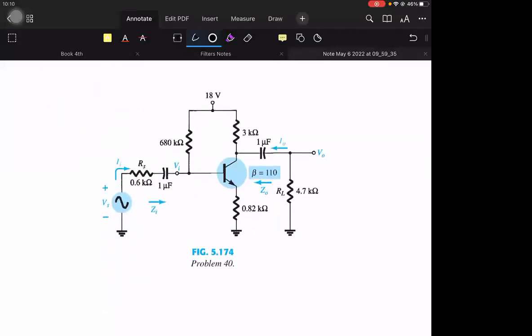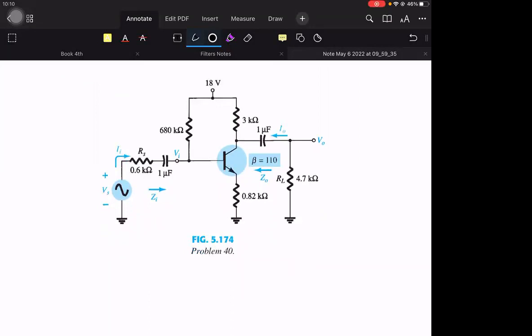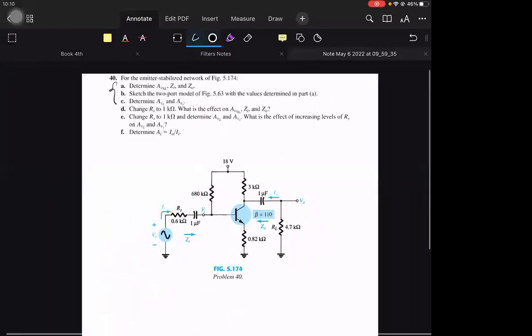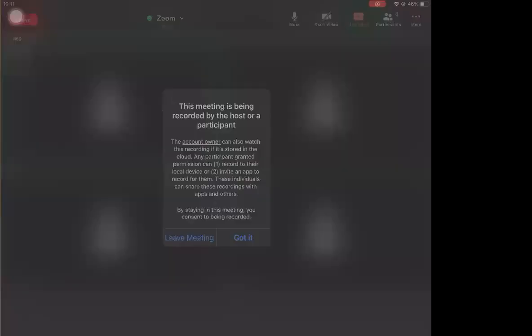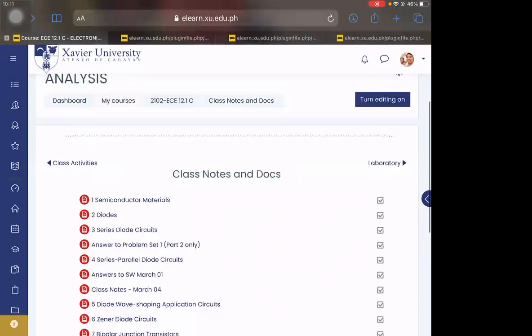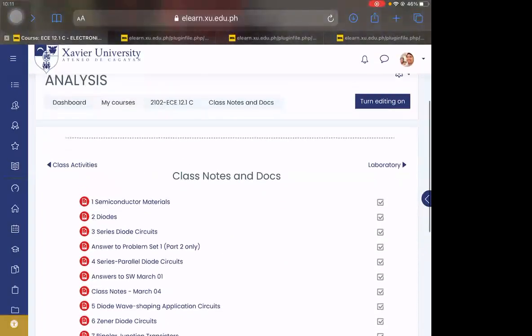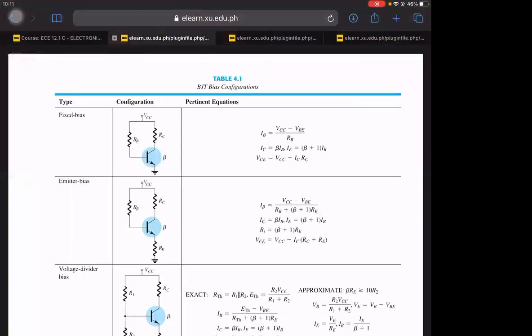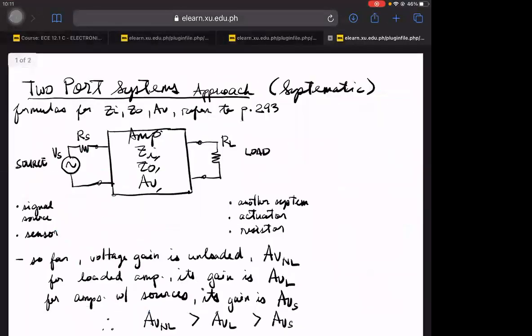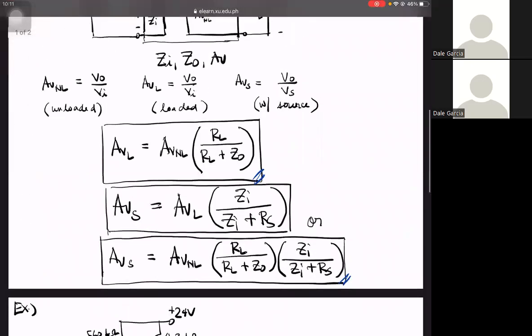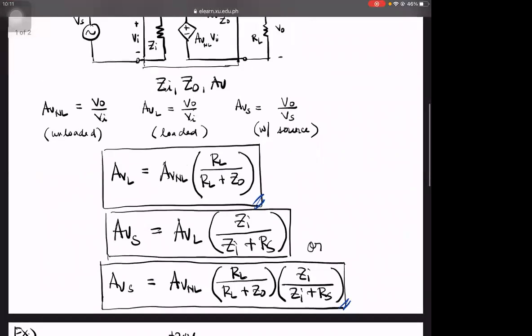So the first step is, of course, you should have your table of formulas ready. I have uploaded everything in our class notes. Have your formulas ready for DC and for AC, and the formulas for two-port systems, at least these two, AVL and AVS.